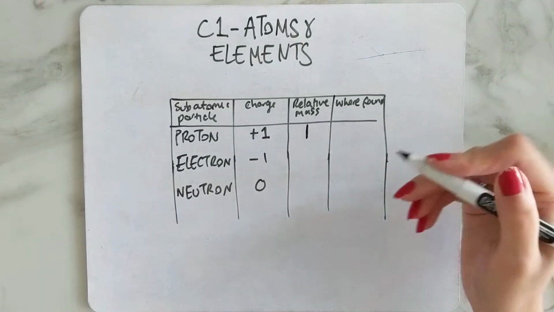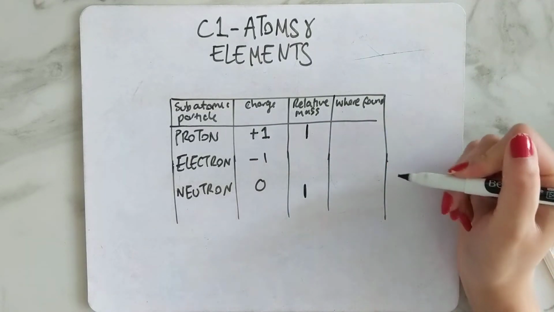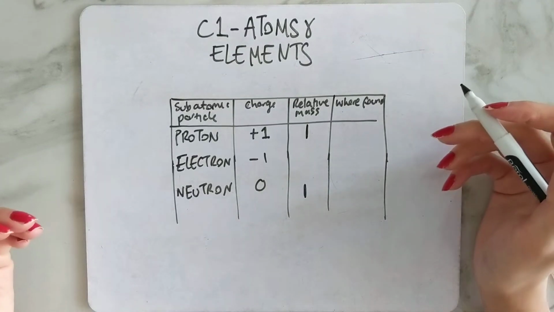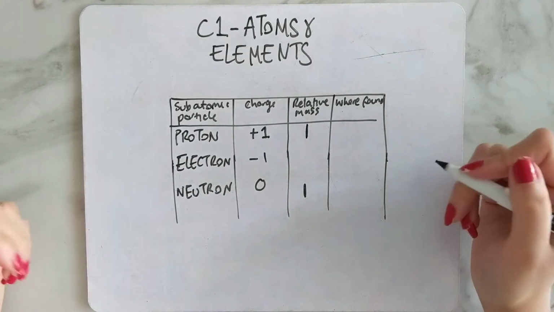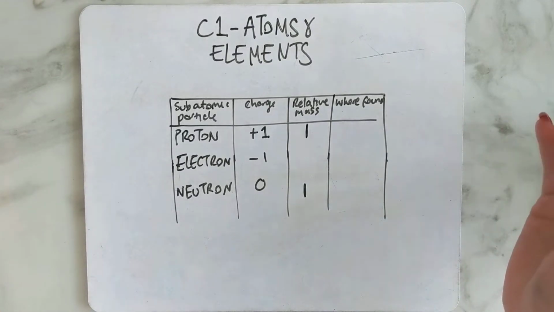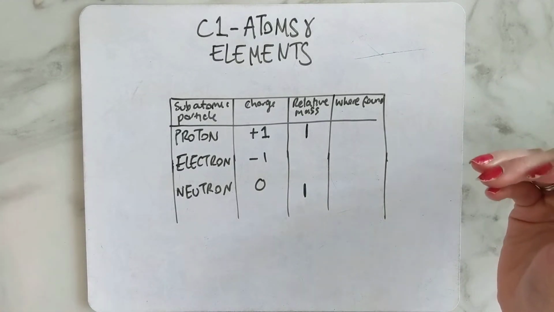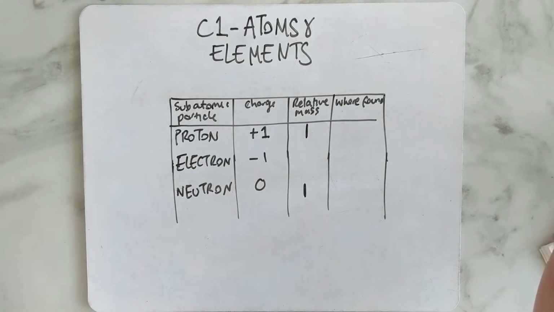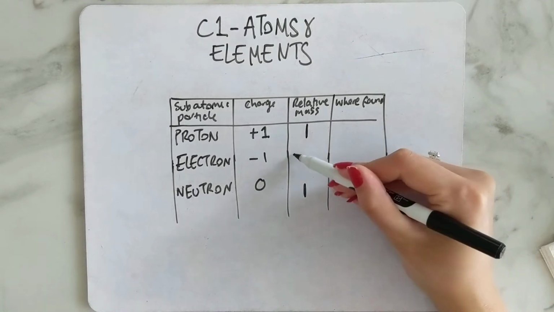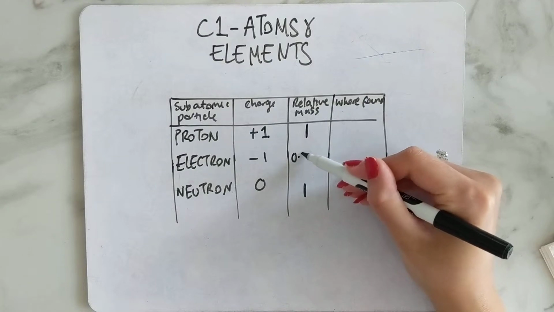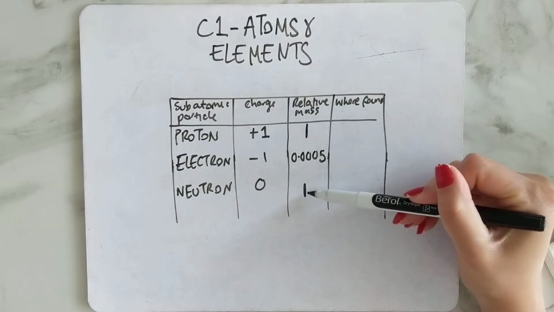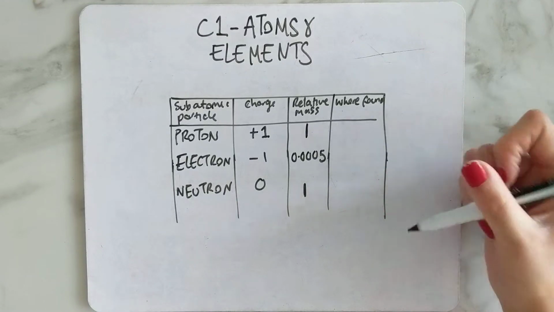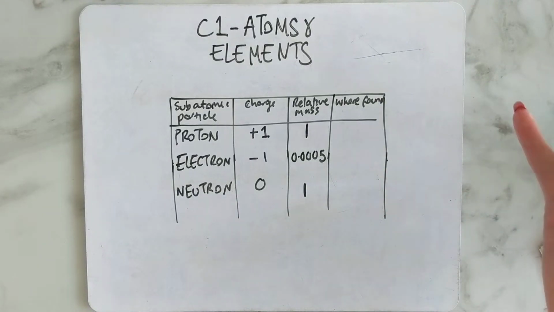The relative mass of a neutron is 1. So what this means is protons and neutrons are the same size. That's all it means. However, electrons are tiny in comparison. Electrons have a relative mass of 0.0005. So in comparison to 1, it's tiny. All that tells you is electrons are a lot smaller than protons and neutrons.